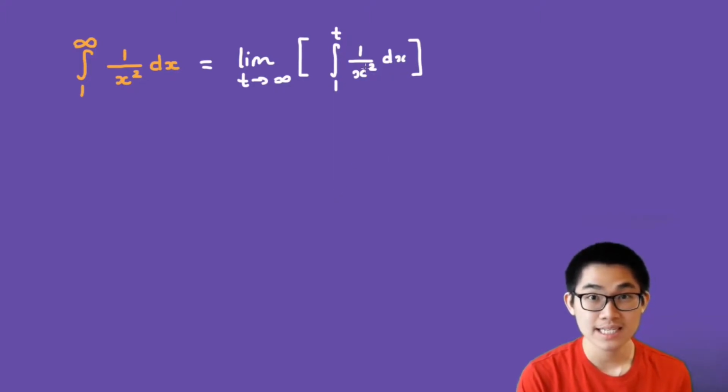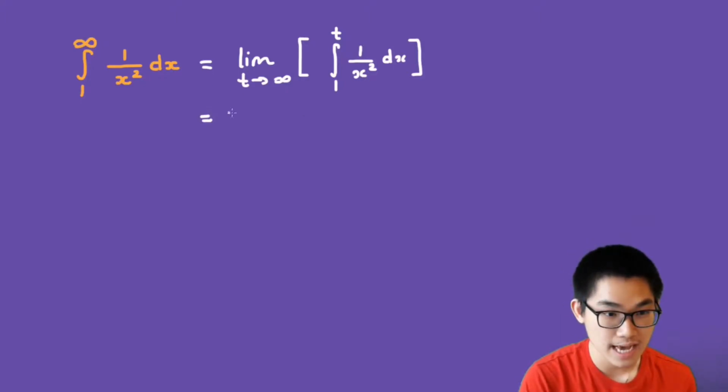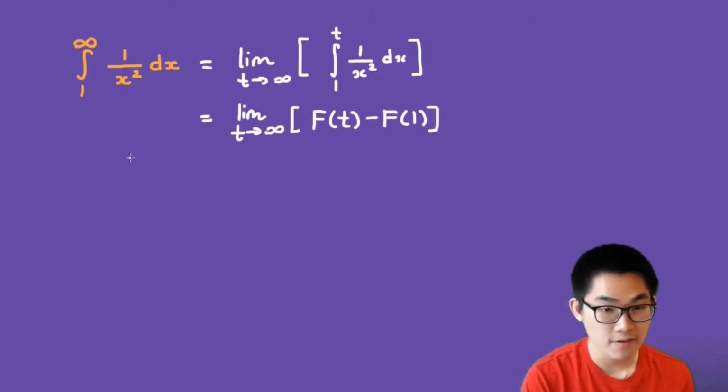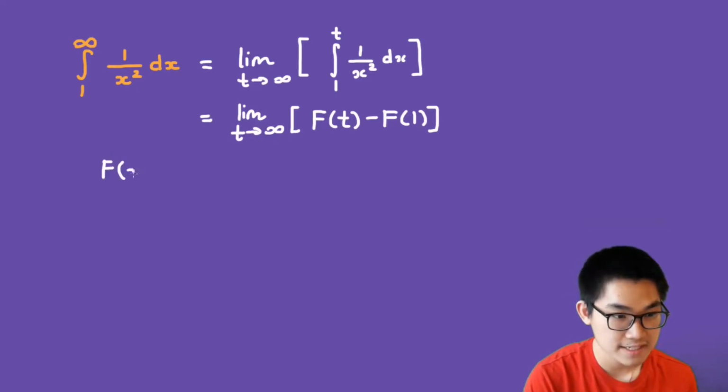Now, using the second fundamental theorem of calculus, we can rewrite this as the limit as t approaches infinity of f of t minus f of 1, where f of x is equal to the integral of 1 over x to the power of 2 dx.